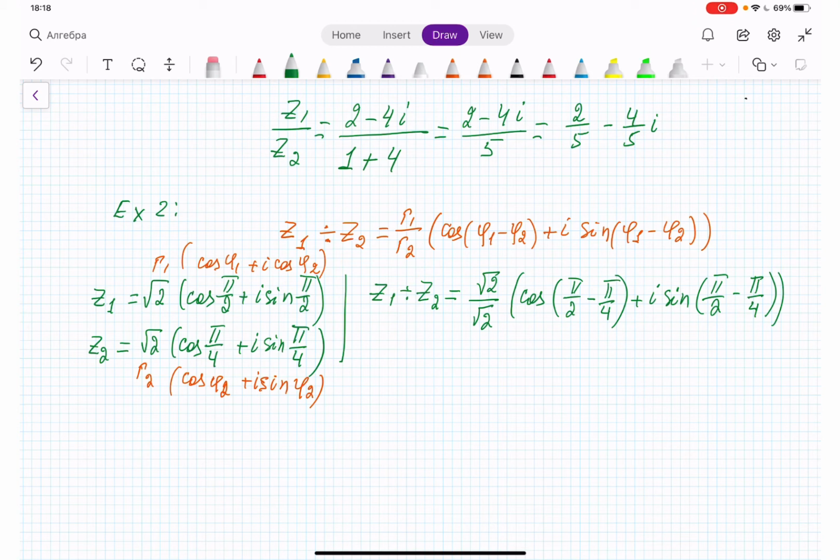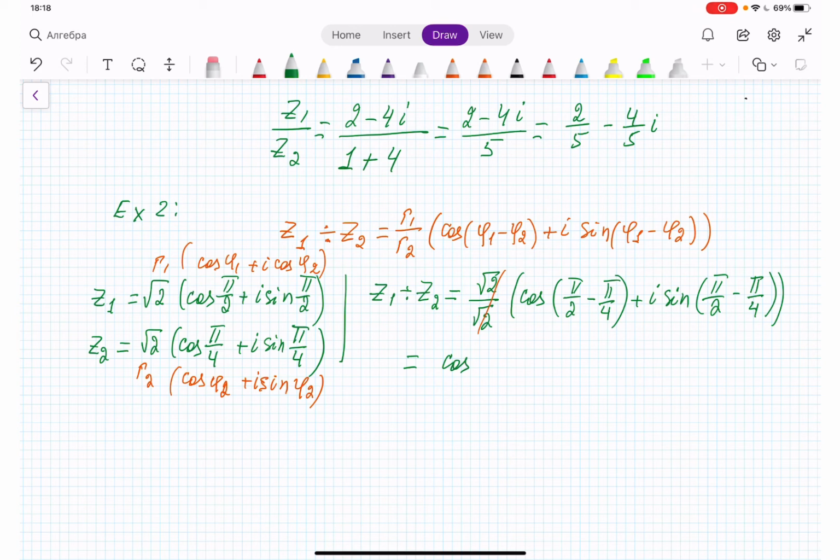Okay, so from here this is gone, so we have left 1. We don't need to write it down, and we are getting half a pi minus a quarter of pi. It's going to be a quarter of pi, because a quarter of pi times 2 is half a pi, right?